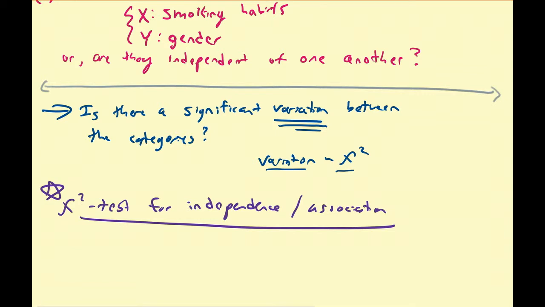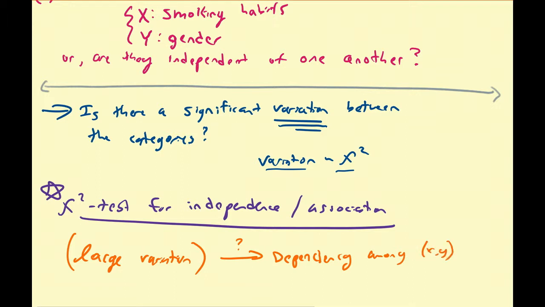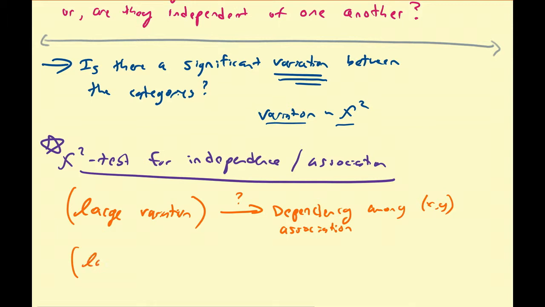All right, so let's lay down some concepts before we build our theory. If there is a large variation amongst our categories, then we will at least have some idea that there may be some dependency among X and Y. And some people say there is an association among X and Y. And if there is a low or small variation amongst the rows and columns, then we may think that they're independent of one another, or there is a disassociation.